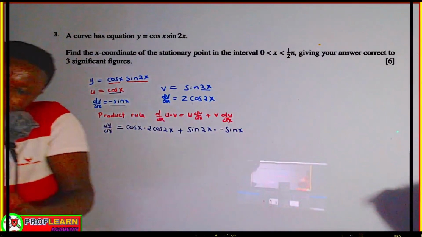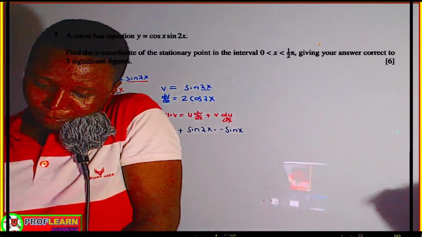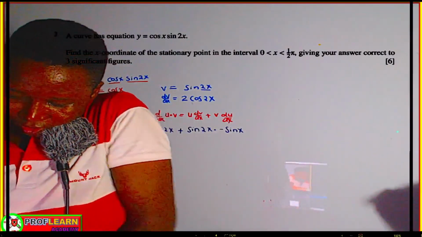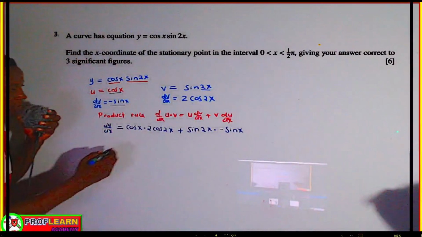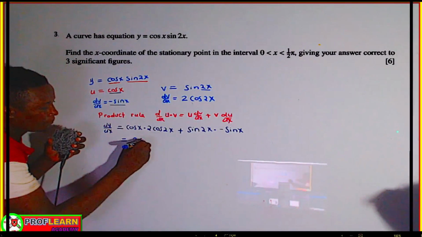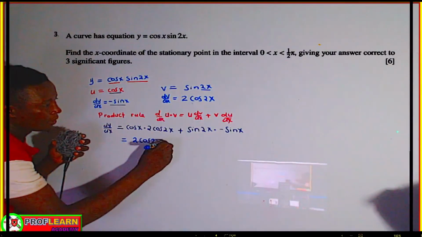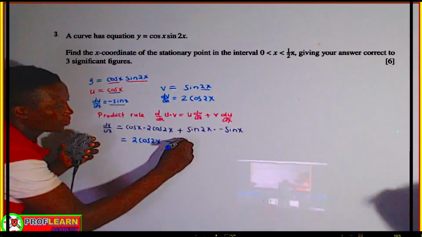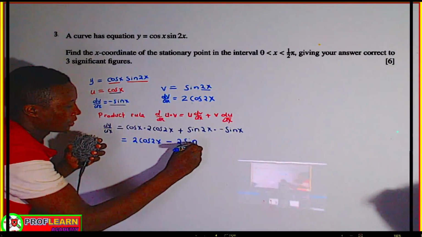So the only thing left at this point is to simplify and put things in order, and that's going to be 2 cos 2x minus 2 sine.